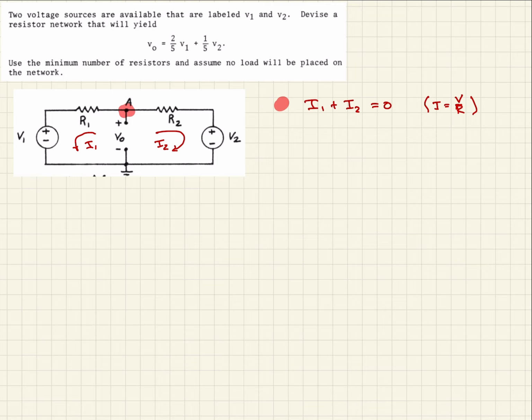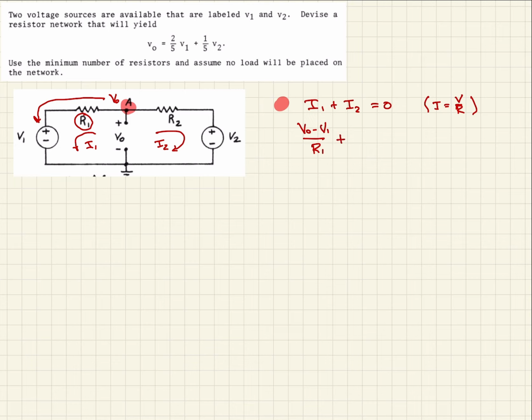Looking at I1, the voltage at node A is V0. Going from V0 to V1, the voltage difference is V0 minus V1, and the resistance is R1, so it's divided by R1. There's our representation for I1 using Ohm's law.